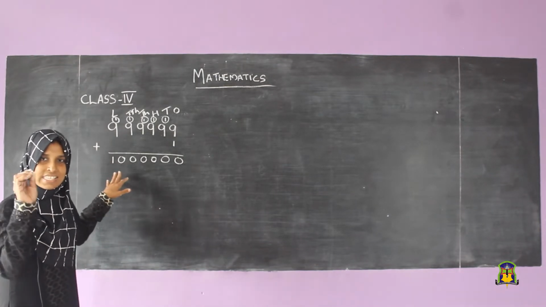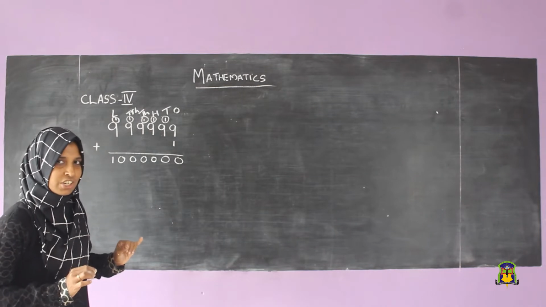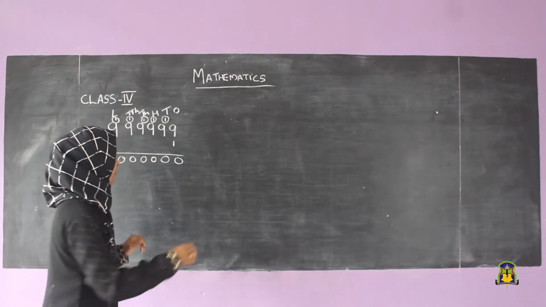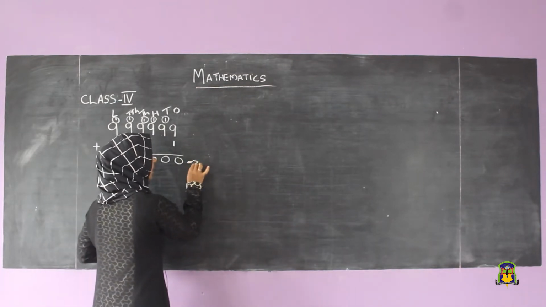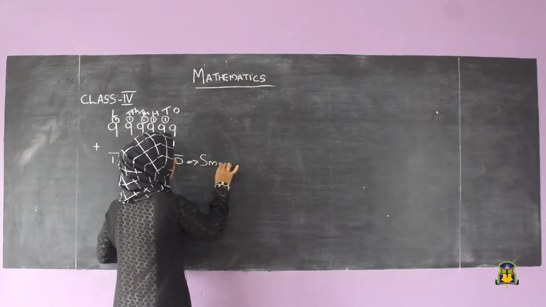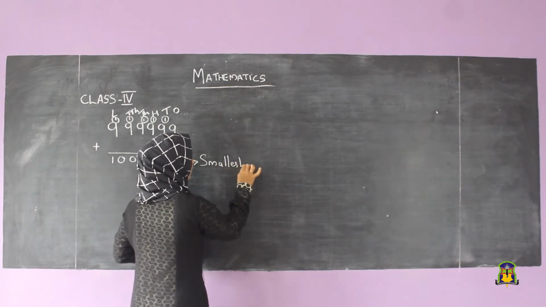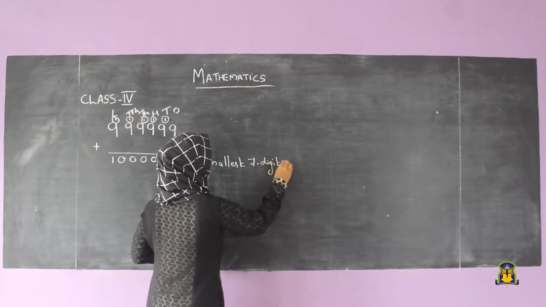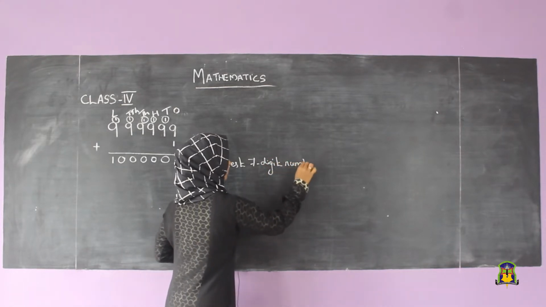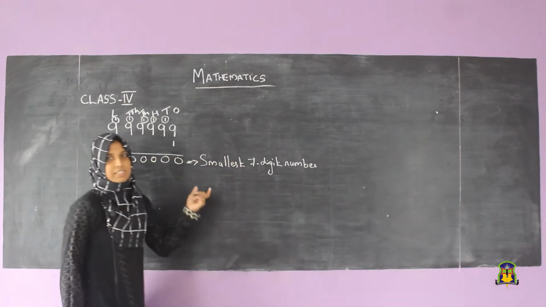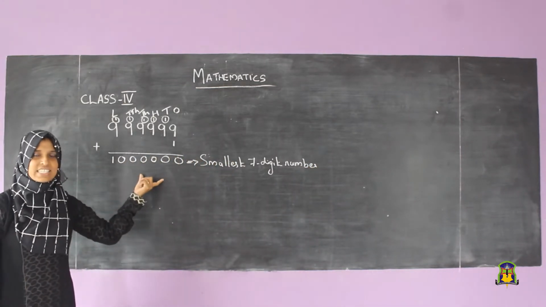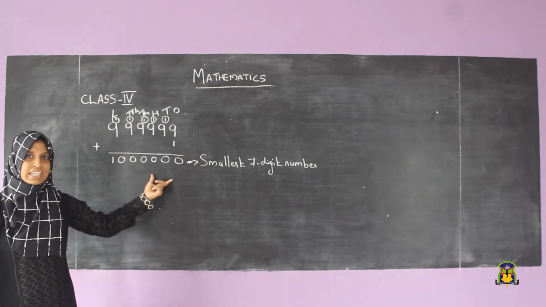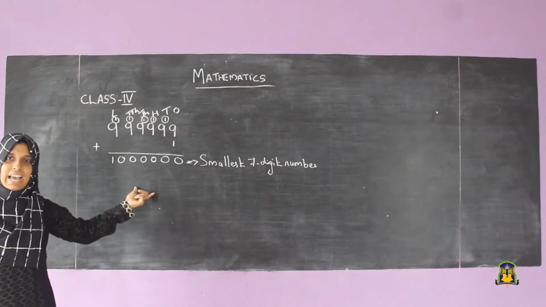We got a 7-digit number, and children, this is the smallest 7-digit number, and this number we can read as 10 lakh.